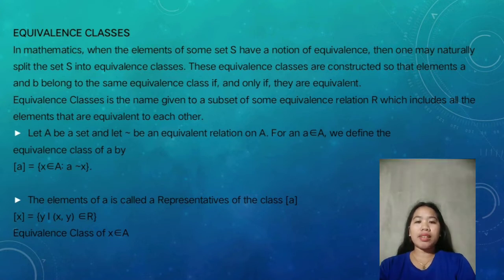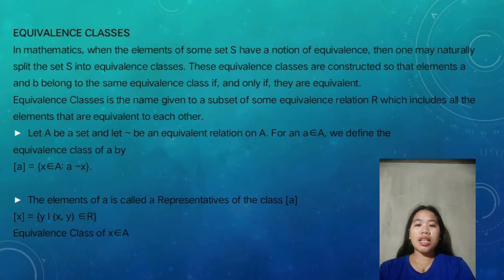Let A be a set and let ~ be an equivalence relation on A. For a, an element of set A, we define the equivalence class of a by [a] = {x ∈ A : a ~ x}.